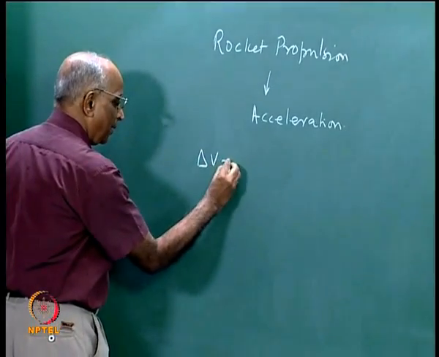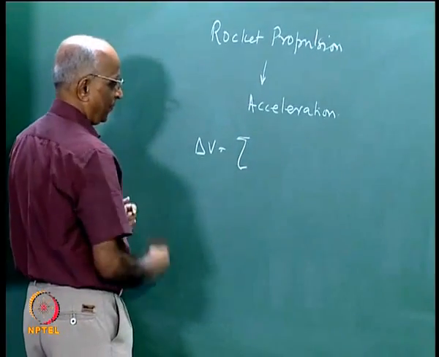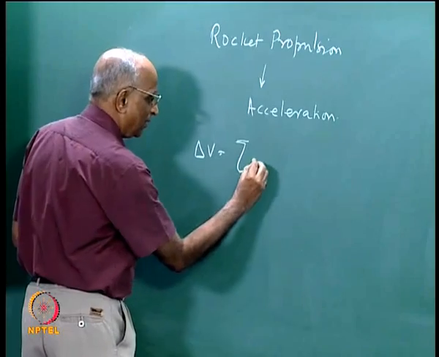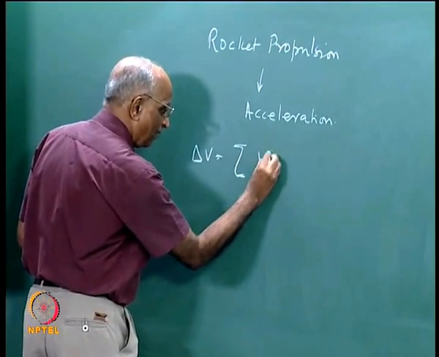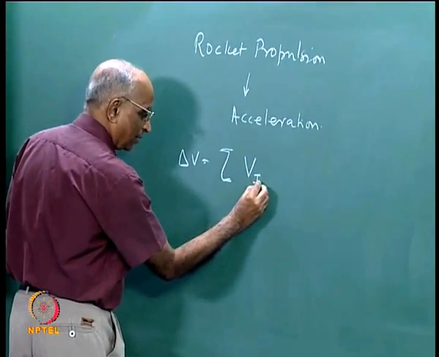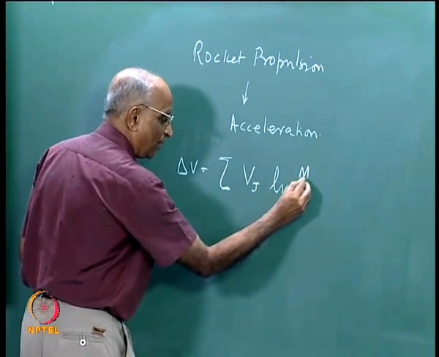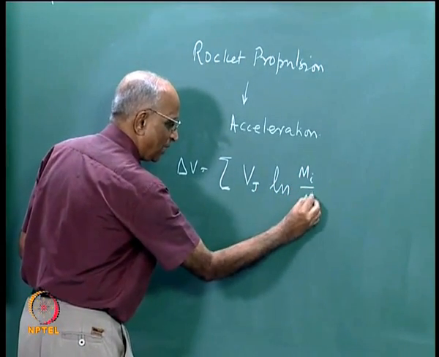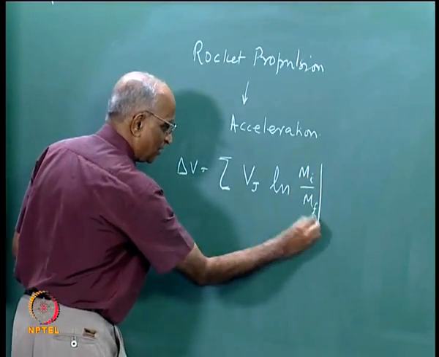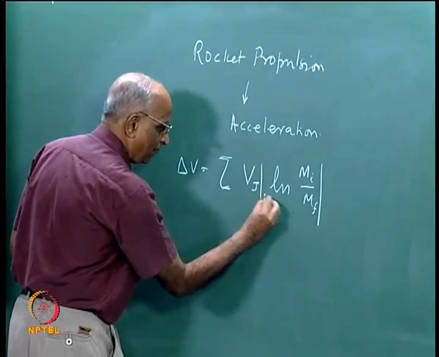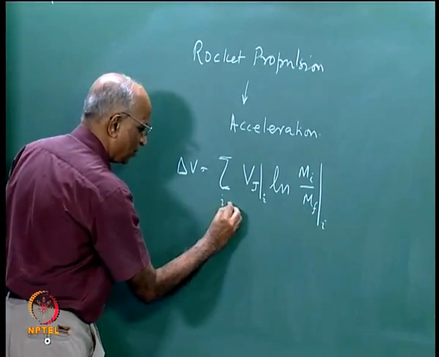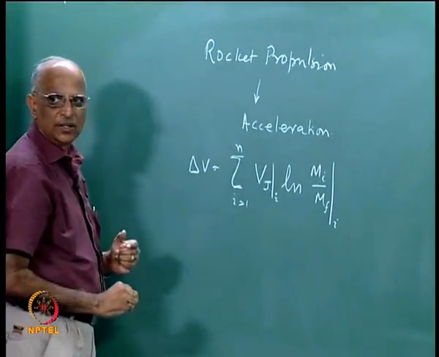And what did we now tell? Delta V is equal to the summation of, using a simplified system, Vj depending on the number of stages, times ln of the ratio of the initial to the final mass of the corresponding stages, as I goes from the first stage to the other.